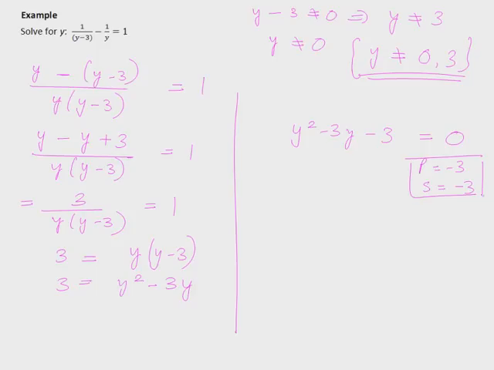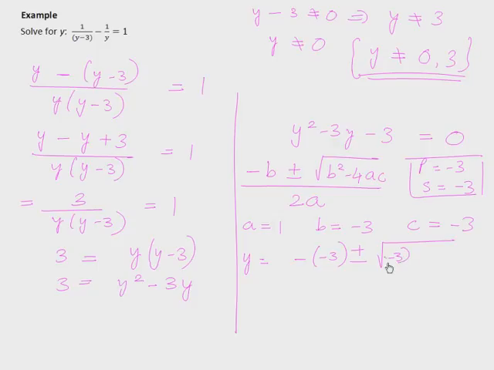I have to use the quadratic formula. The solutions are minus b plus or minus root of b square minus 4ac over 2a. Plug them in. Here a is 1, b is minus 3 and c is minus 3. So my solutions for y are minus of minus 3 plus or minus root of minus 3 square minus 4 into 1 into minus 3 over 2a, which is 2.